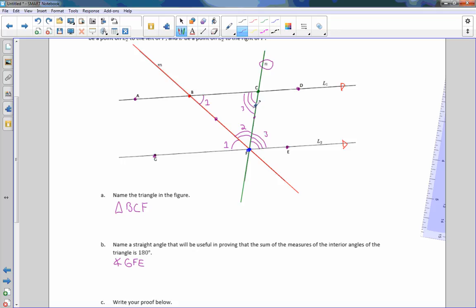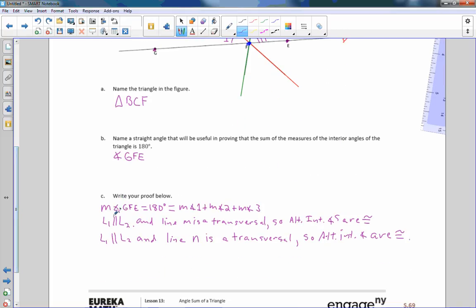So now I know this is congruent to this, and I have angle 1 plus angle 2 plus angle 3 is 180 degrees, because we already said that there. So then I can conclude, and three dots that look like a triangle means therefore.